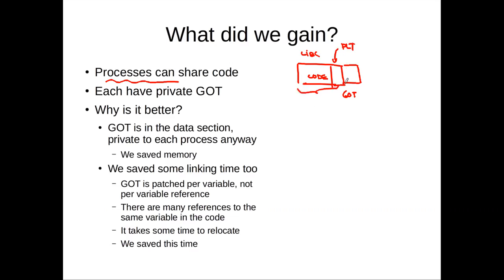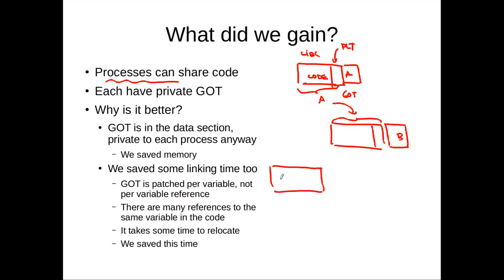The GOT is not shared, but this code section can be shared. It can be located at different addresses. The GOT is different: here it will contain some A, here some B, here something else, so those are different virtual addresses. This is the code. The PLT is the same, but there's nothing to relocate in a PLT.